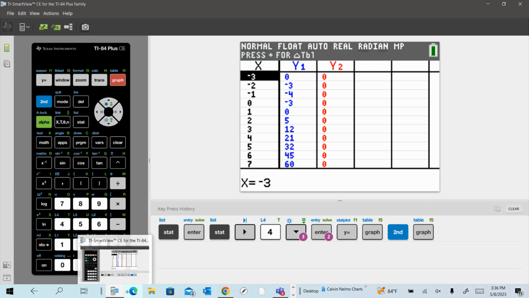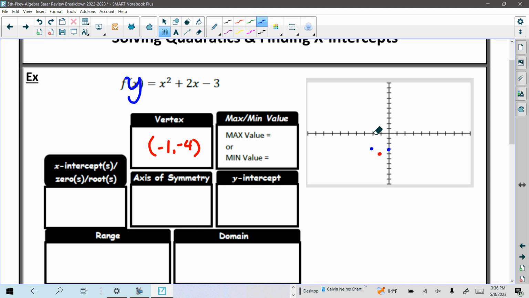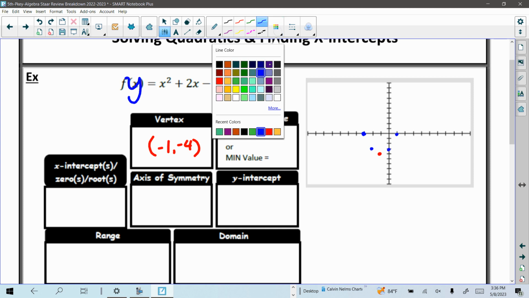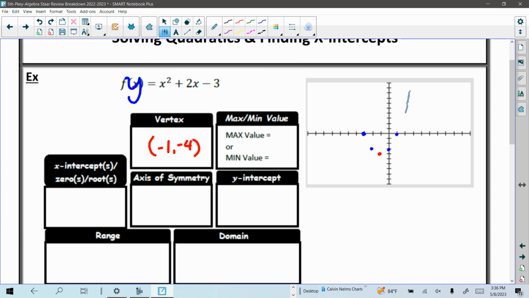So when I go to -3, 1, 2, 3, 0, and at 1, 0. So we're going to just sketch the parabola going through these points, and then we're going to fill in each part.